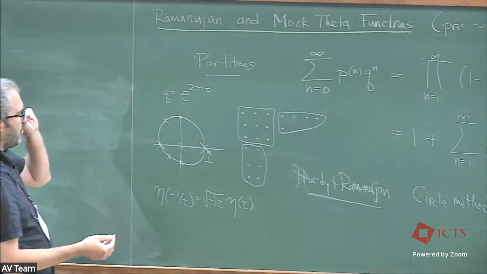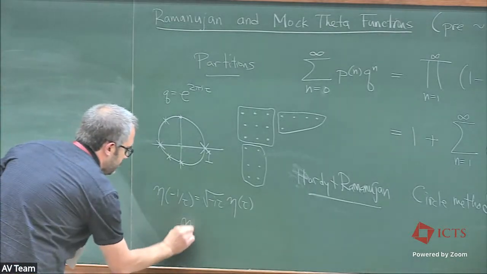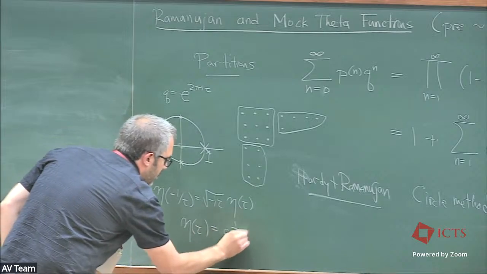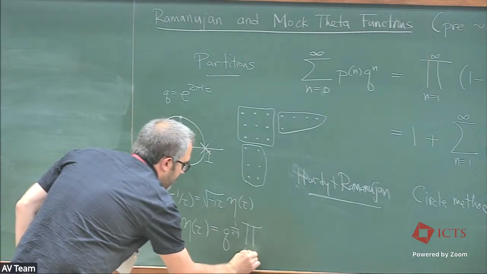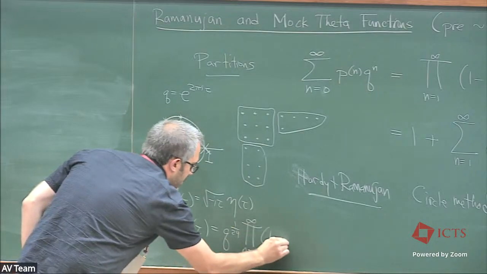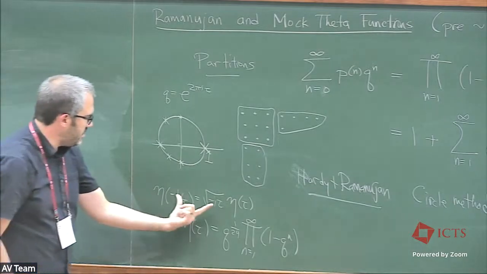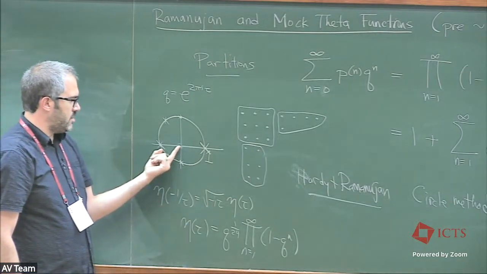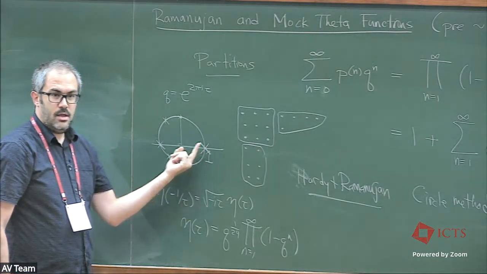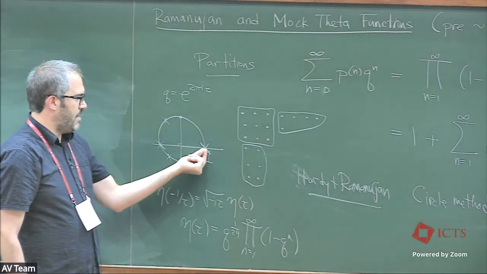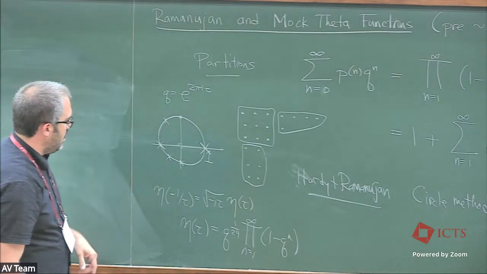Have I ever actually written down the definition of the eta function? Maybe it makes sense to do that at some point. So this is q to the 1/24th times that product that I already had written. So using this, it can take you from this 0 point to 1. And if you just do this transformation, that will give you the biggest contribution from the circle method.